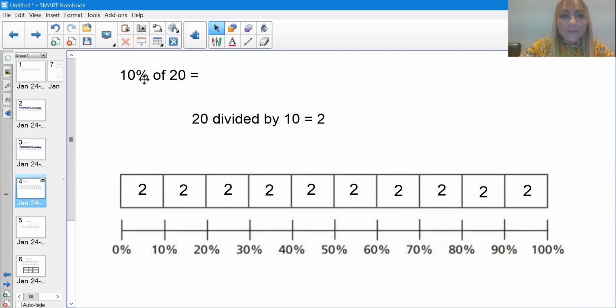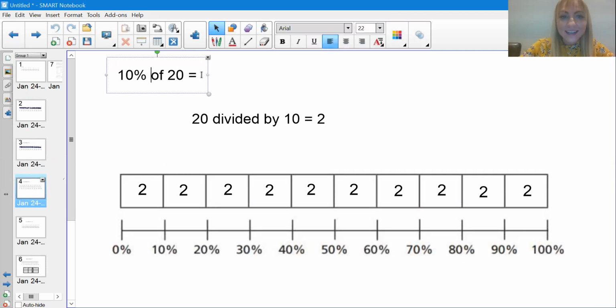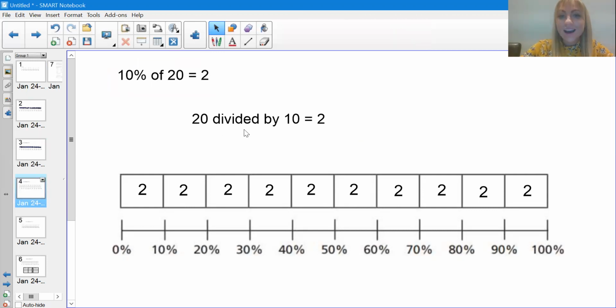So 10% of 20 is 2, because I've divided 20 by 10 and got 2 in each section. So 10% of 20 is 2.